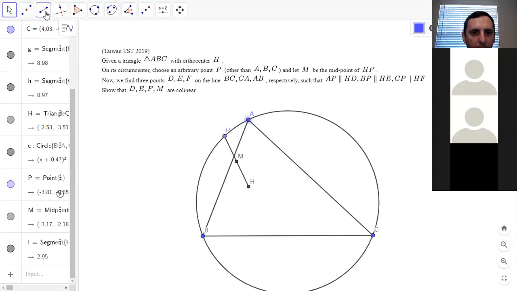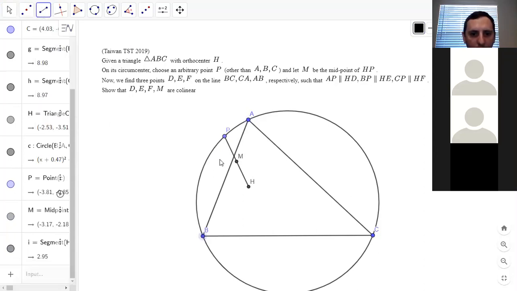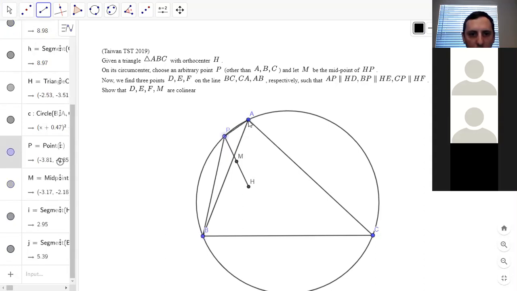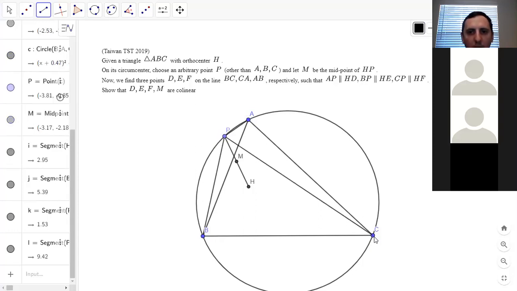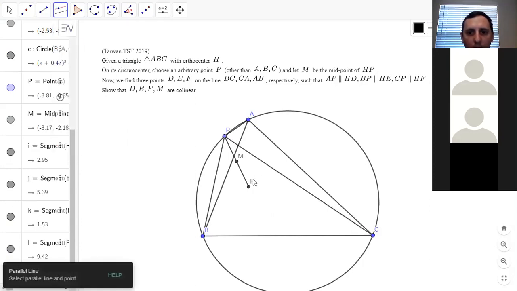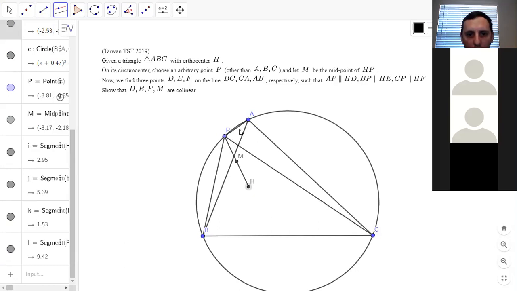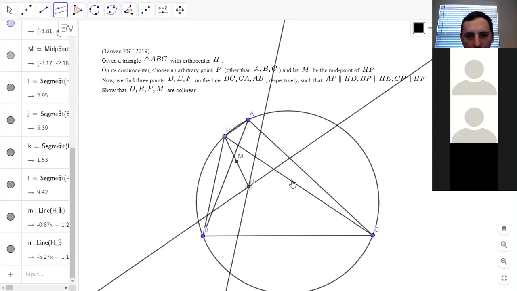BP, so we draw AP, BP, and CP. Interesting. And then we draw the parallels to them through H.